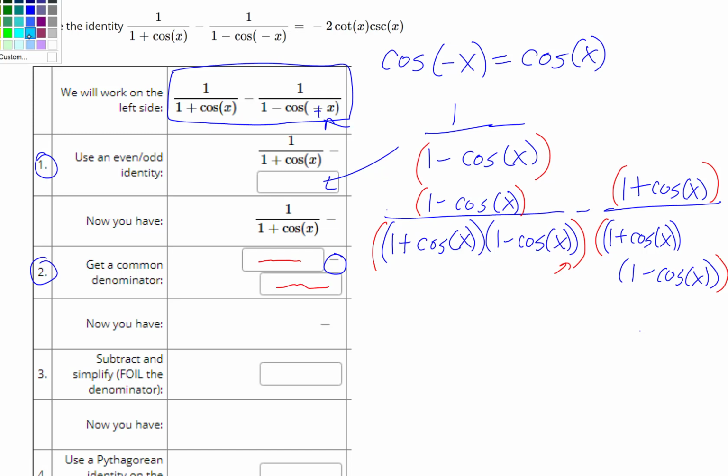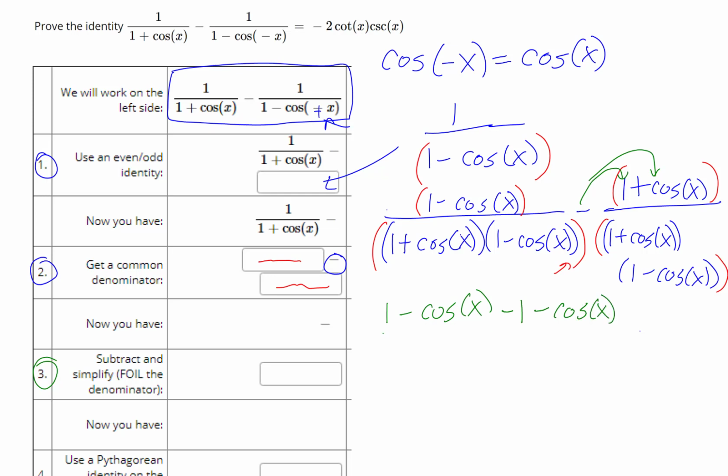All right, so now we're ready for the next step. Step number 3 says subtract and simplify, FOIL the denominator. So as far as in the numerator, we have 1 minus cosine x, and this negative versus subtract, we got to subtract both of those, so that would be minus 1 minus cosine x over, and if we FOIL this denominator, first times first is 1, they are conjugates, so the outers and the inners will cancel, and then last times last is minus cosine squared x.